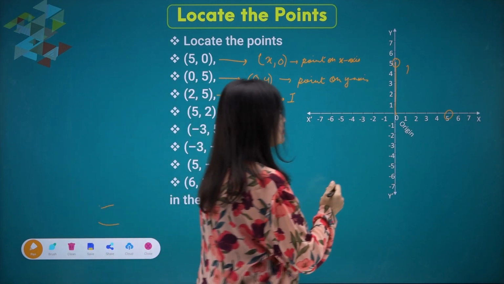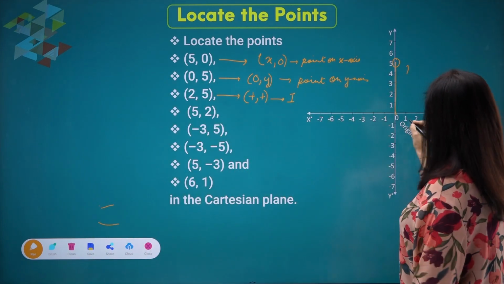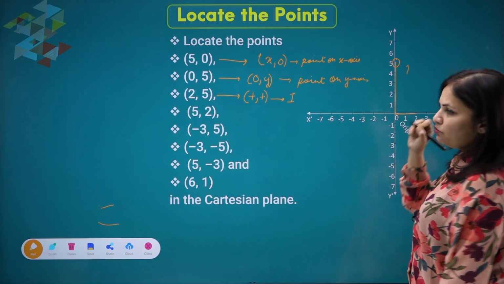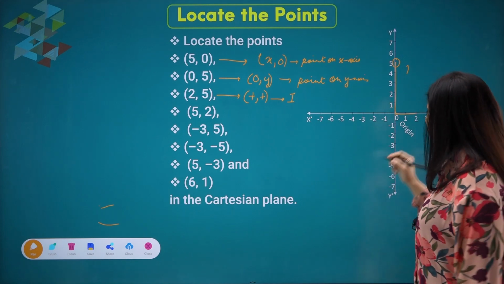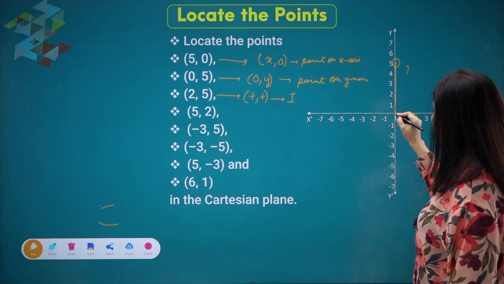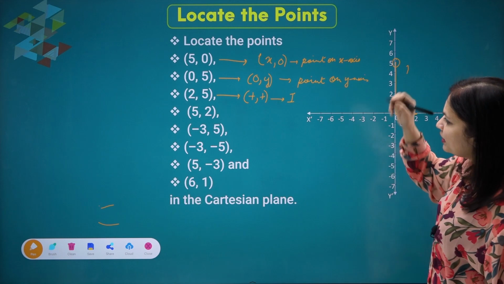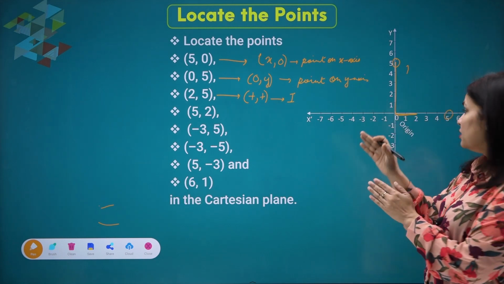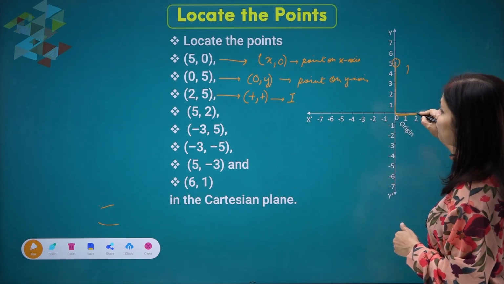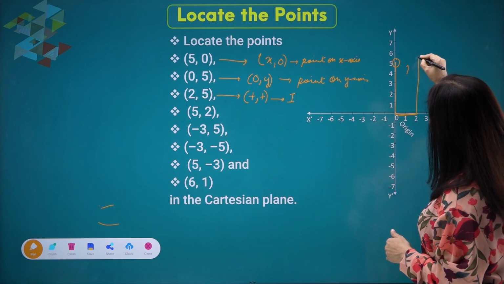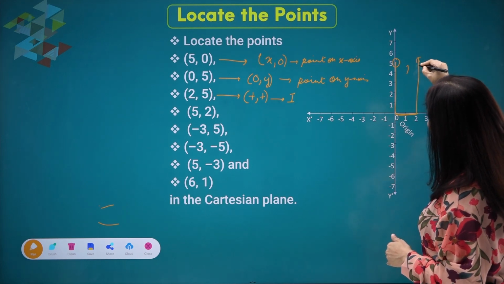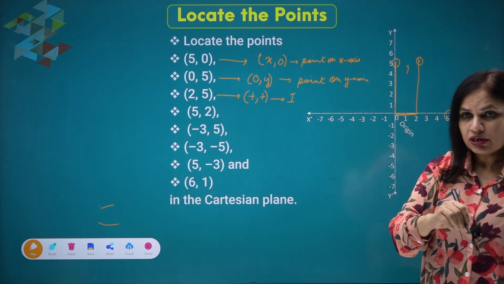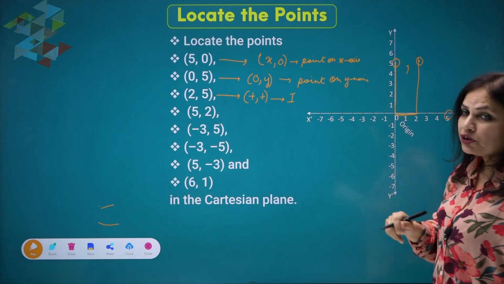Let us locate this point. 2 is the horizontal distance, so moving horizontally, I'll mark a horizontal distance, and vertically I have to move 5 units upward. So finally my point will rest here. I'll introduce you to a new term.